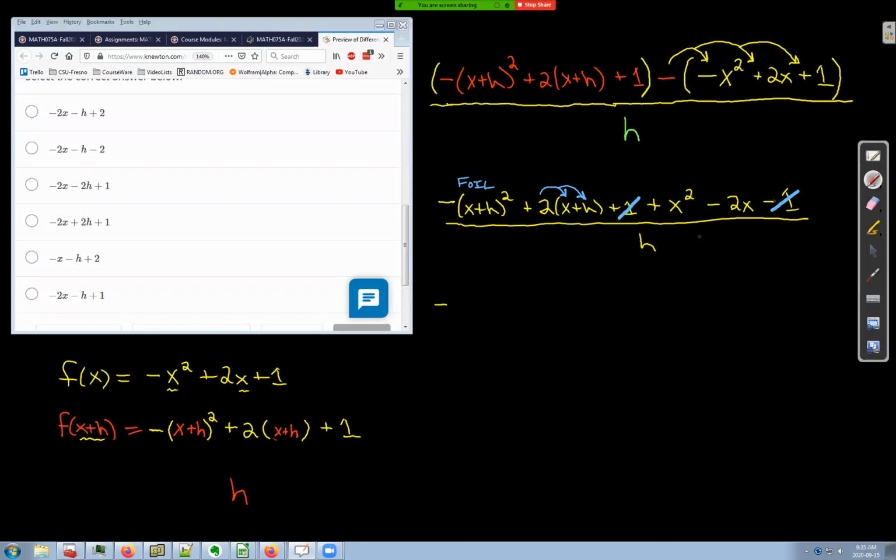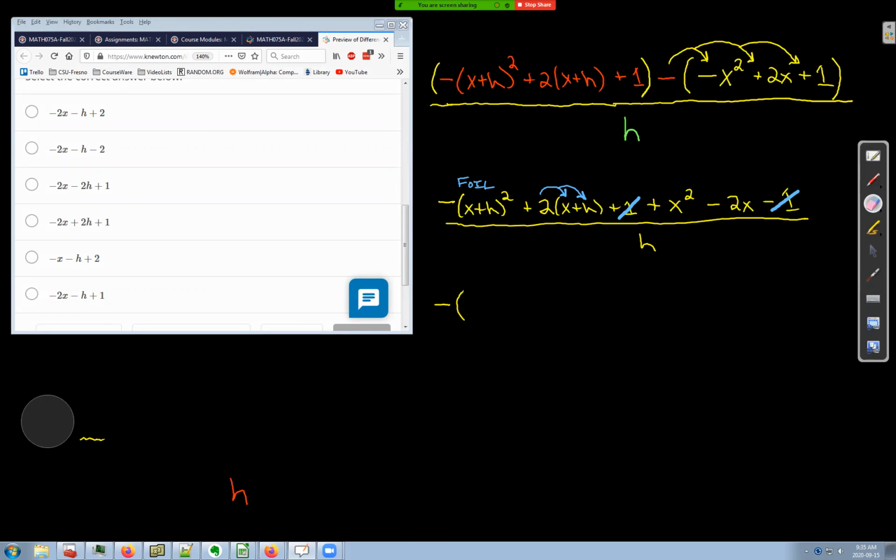I'm going to have a negative, and when I do FOIL to this, let me clear out some space here. When I do FOIL here, what I'm doing is (x plus h) squared. And so (x plus h) squared is, oh yeah, that's a good point. Let me make another mistake.